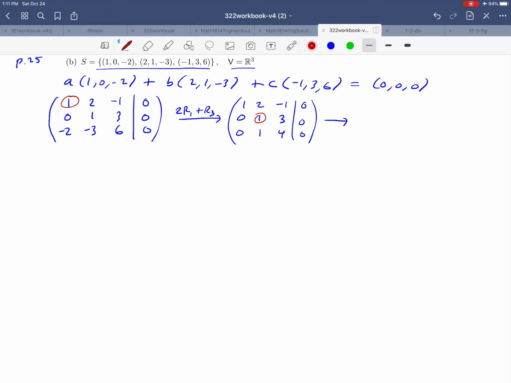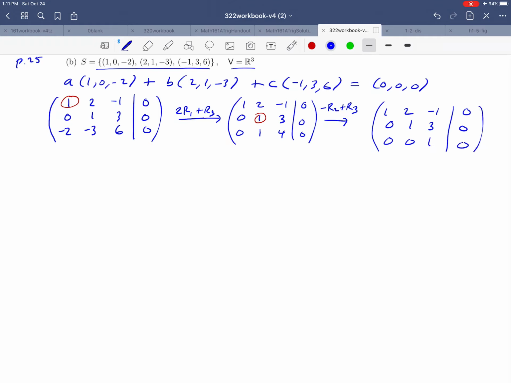Looking at the second column, we've got a pivot position there. We'd like to get a 0 below it. So, what would work here? The matrix reduces to 1, 2, -1, 0, 1, 3, 0. And then if we take -R2 plus R3, that's going to give us 0, 0, and a 1.